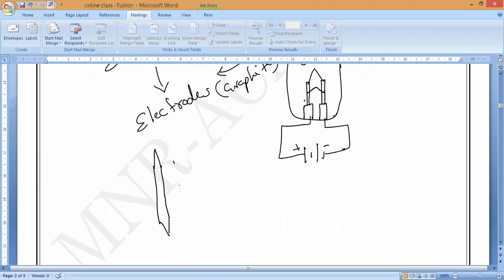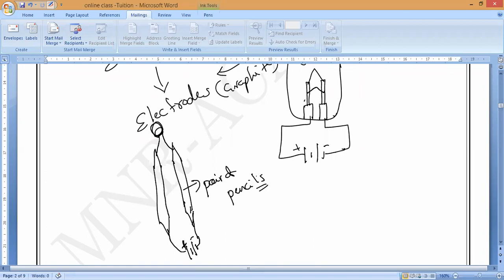You connect these 2 pencils with one LED and a battery source. Then the bulb will start glowing or not glowing? Glowing, sir.